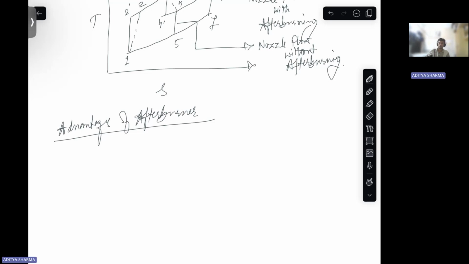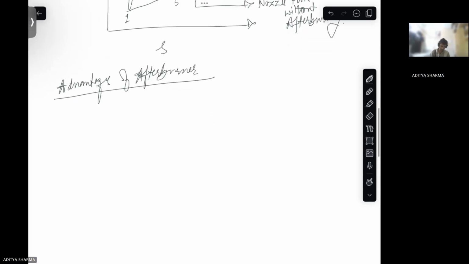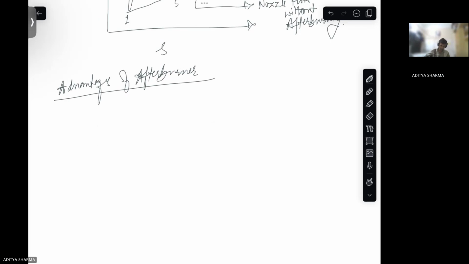So if we use it for a large period of time, the fuel consumption will become high. So this is briefly about the afterburner.